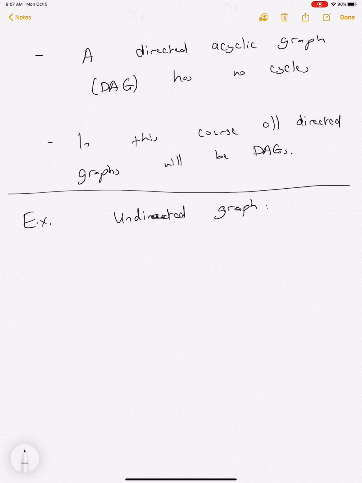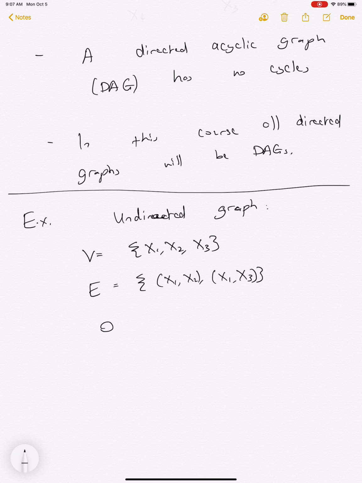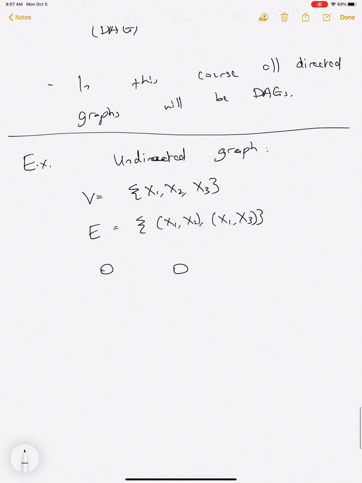So let's say that V is equal to x1, x2, x3, and then E is something like x1, x2, x1, x3. Then you can see what the graph would look like is this, and this is an undirected graph. There's an edge from x1, x2, and then there's an edge from x2, x3.